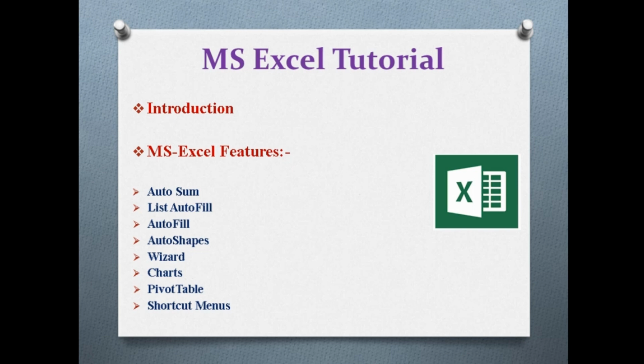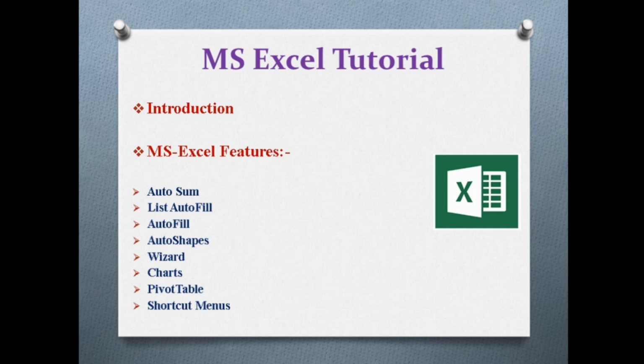Okay, now let's discuss the features in brief. First of all, auto sum. Auto sum helps us to add the contents of a cluster of adjacent cells. And next is list autofill. List autofill automatically extends cell formatting when a new component is added to the end of a list.